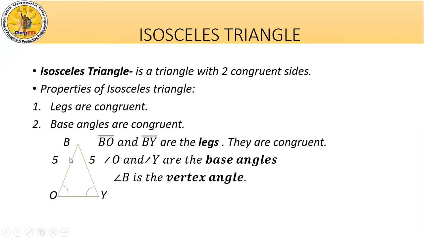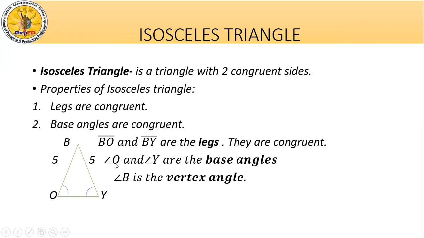So we have here a figure. Triangle BOY. Line segment BO and line segment BY are the legs. They are congruent. So if line segment BO is 5, then line segment BY is also 5.